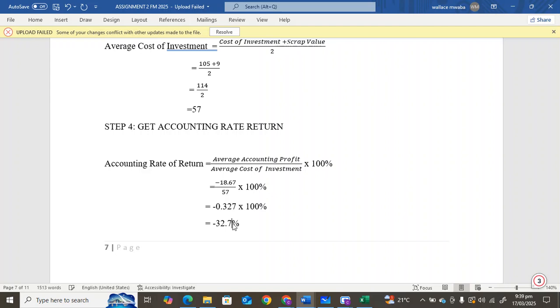This is your return for this investment, negative 32.7. And if you're getting a negative return on your investment, do not even waste time trying to go through with it.